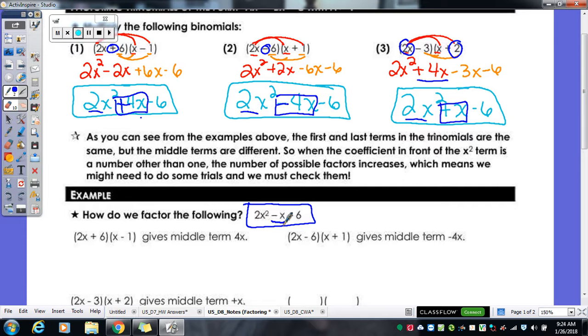But if I'm factoring this here, what do I want as my middle term? Negative 1. But I didn't get negative 1 with those ones. So then I started switching, and I tried my 3 and my 2, and I got a lot closer this time. This time I ended up with a positive 1. But I don't want a positive 1, I want a negative 1. So what do you think we should do to these 2 right here in order to get me a negative 1?